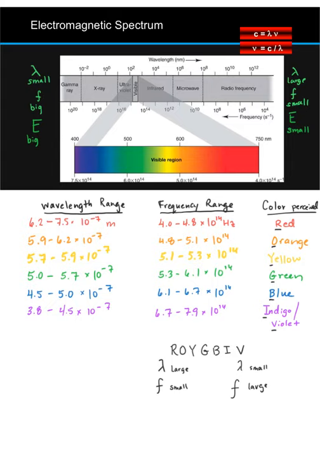In the visible spectrum, Roy G. Biv, down here, when frequency is small, energy is small. The red end extreme of the visible spectrum is smaller energy light, and the violet extreme is larger energy light. Energy is higher for the blue and violet end of the electromagnetic visible spectrum than it is for the red and orange end.